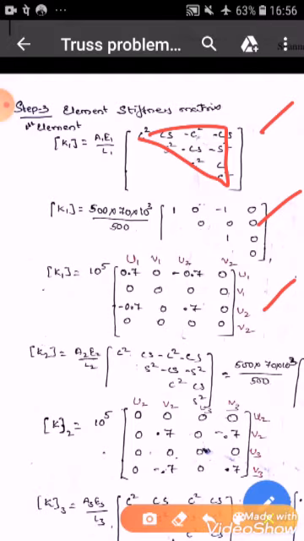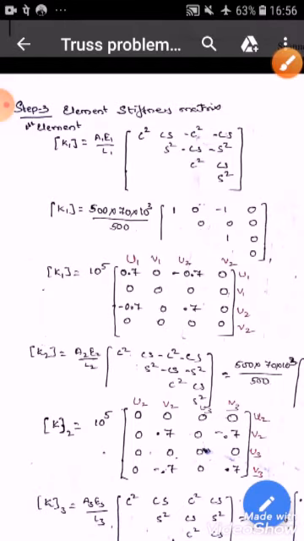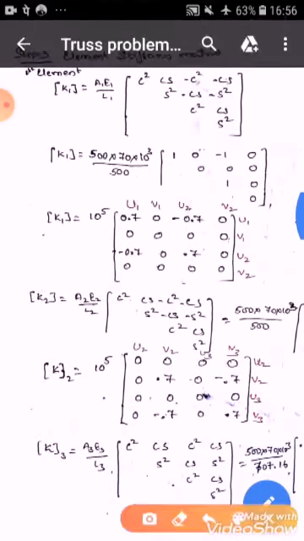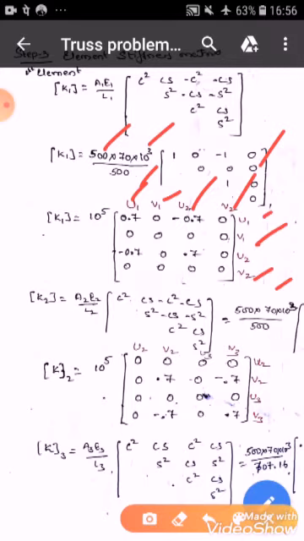Now, similarly, you just need to substitute the values of A1, E1 and L1, and all those cos theta, sin theta values. This K1 is between the displacements U1 V1, that is node 1, and U2 V2, that is node 2. The displacements are written on top of the columns and side of the rows.